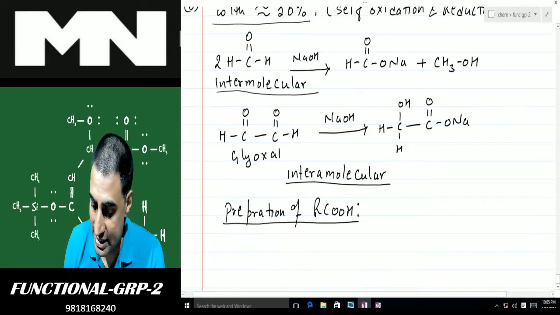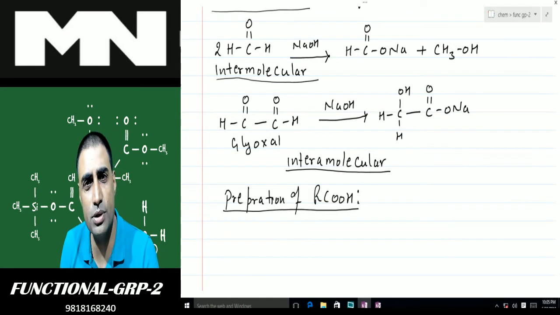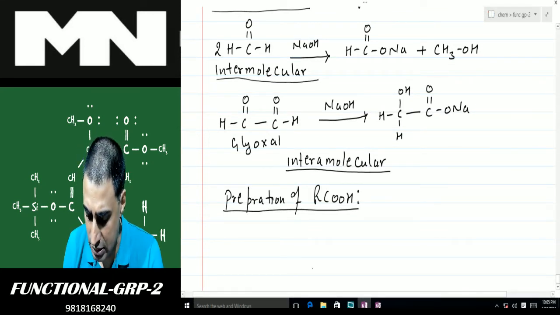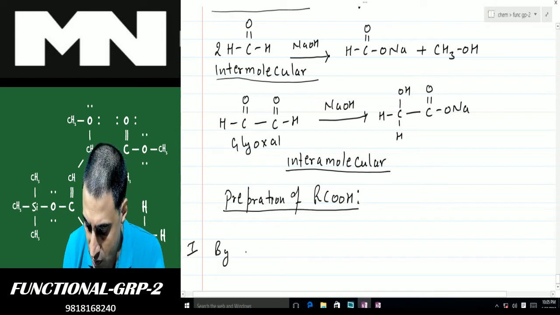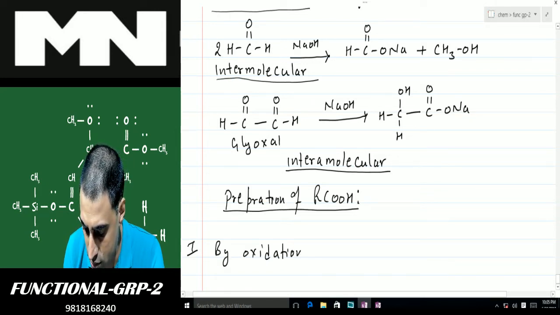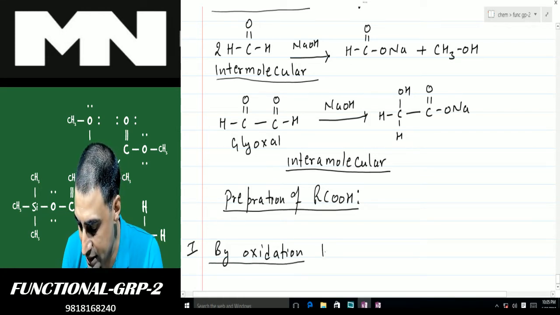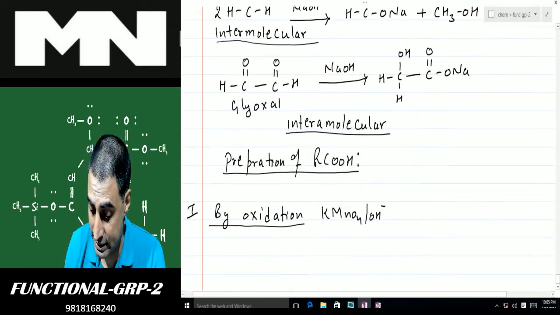Well, carboxylic acids can be prepared by oxidation of a large number of compounds. Here in this case I am using a strong oxidizing agent, that is alkaline KMnO4. This is quite a strong oxidizing agent.